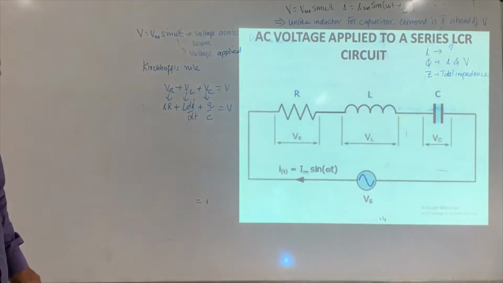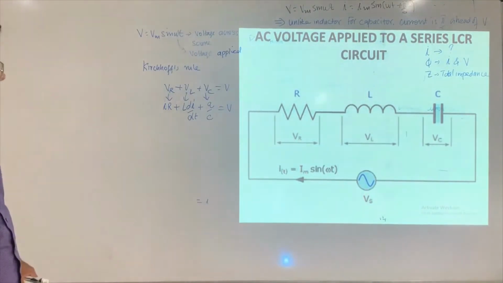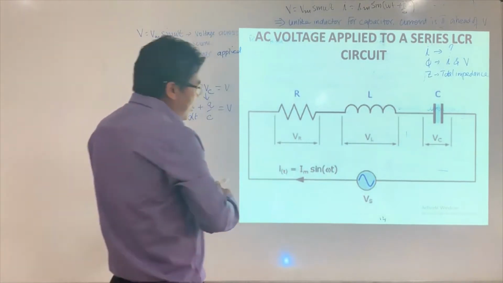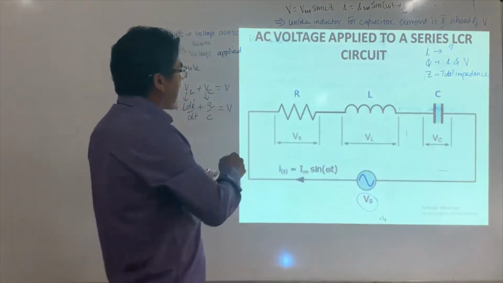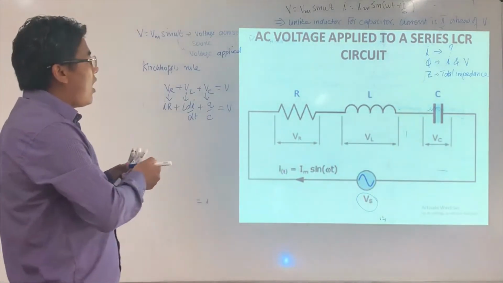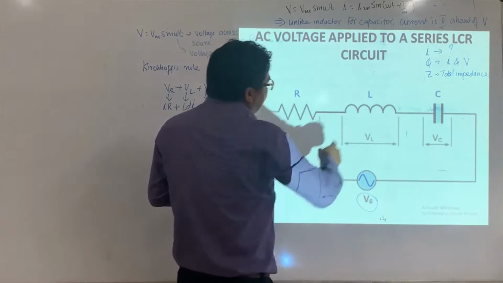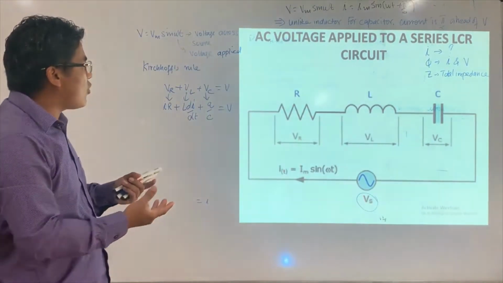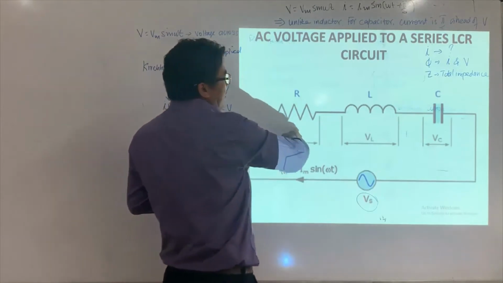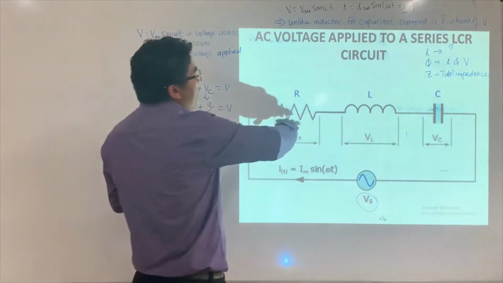What you should understand is that this is the source voltage we are going to apply, and the current along the resistor, inductor and capacitor will be the same, with the same phase and the same amplitude.